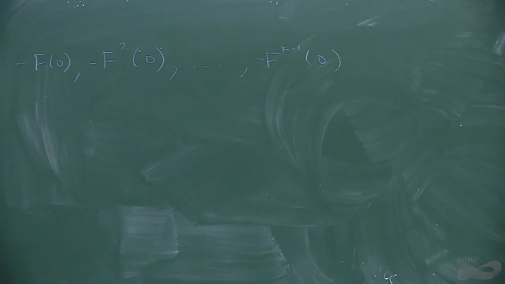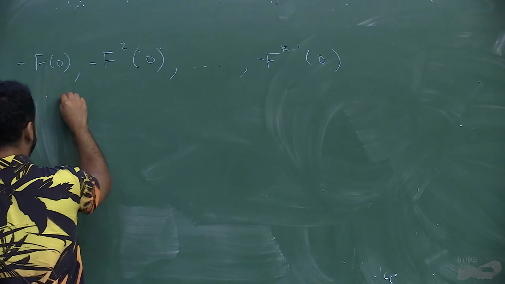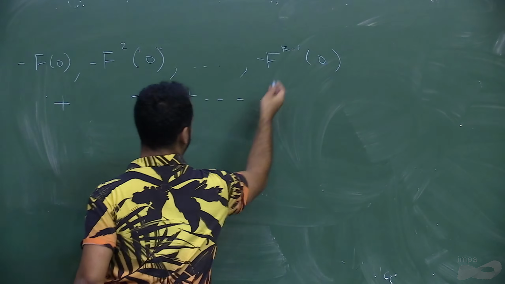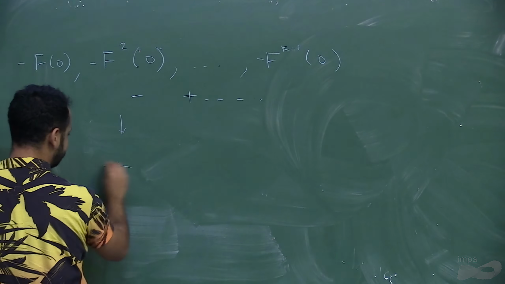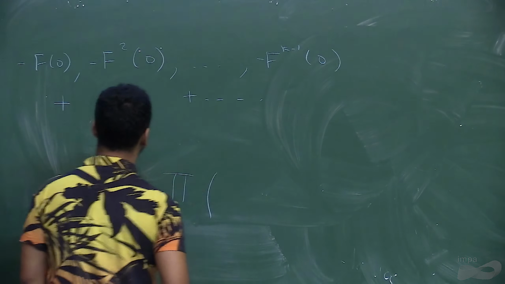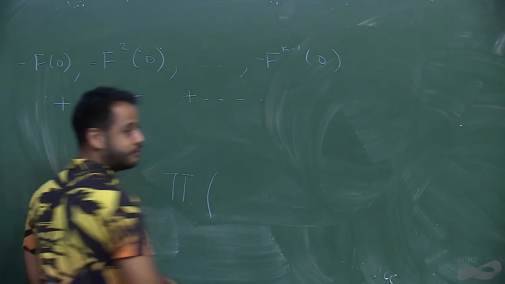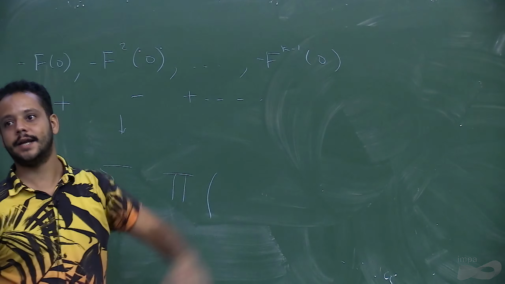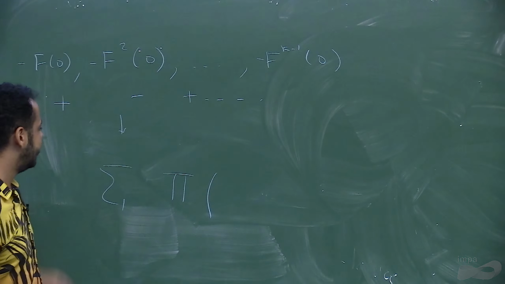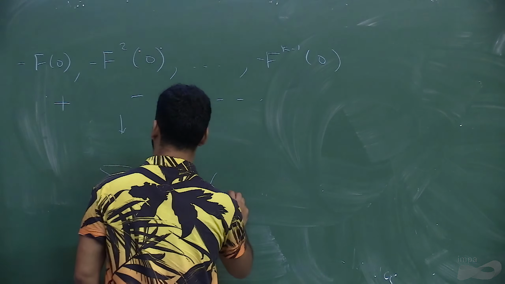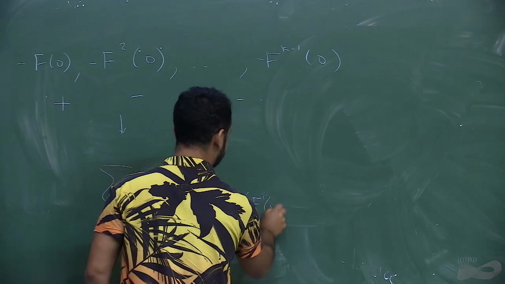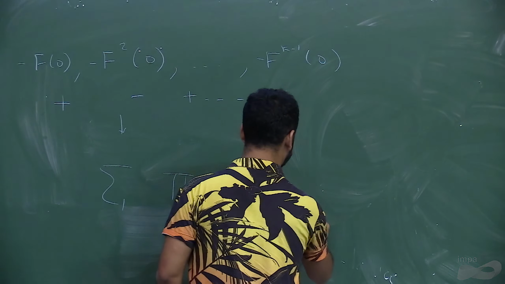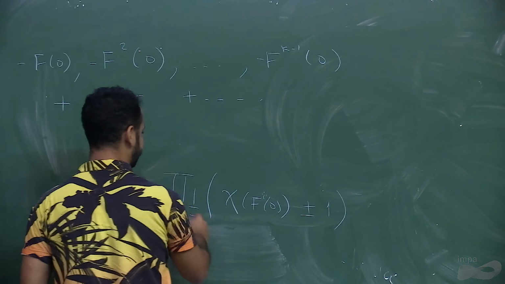And if I make a choice of signs here, let's say plus if it has 2 guys, minus if it doesn't have 2 guys, etc., this can be encoded as some sort of characteristic function. So for a choice of a sequence of signs, it would be something like this. This is basically the Legendre symbol for the function.